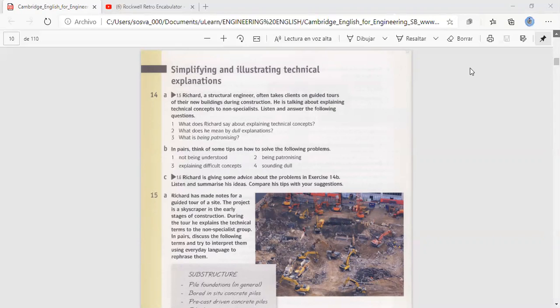So it seems that they are going to build a building, maybe some offices, maybe a factory. So it's a construction site. So in this case, we're going to listen to Richard. Who is Richard? Well, he is a structural engineer.